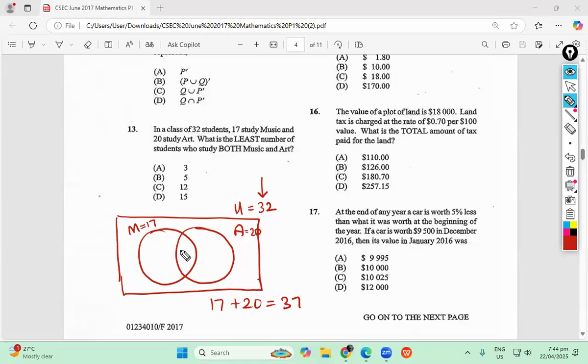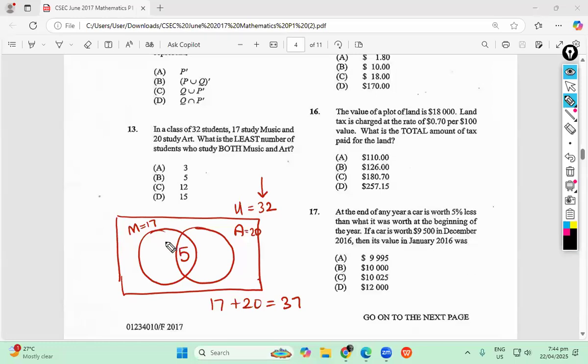It's not really an excess. That 5 is just the common people. Those people are doing both music and art at the same time. So that is why it gives the illusion that it has more people than it's supposed to have.